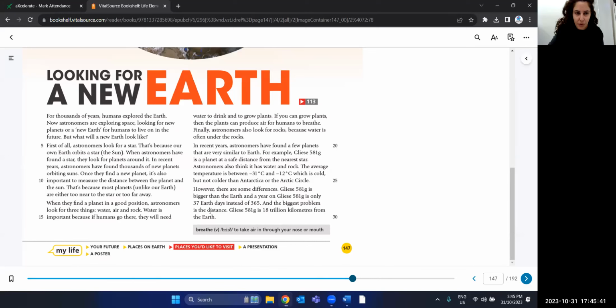Because they said the biggest problem is the distance. So I reckon that sentence, with current space technology, humans would take 766,000 years to travel there. Really, we get that information from this paragraph, the last one, 5.